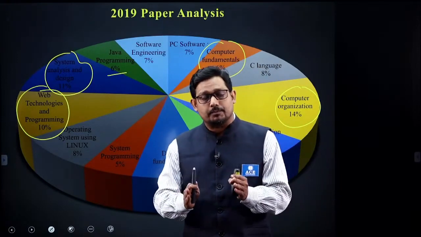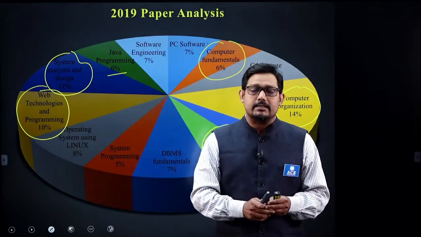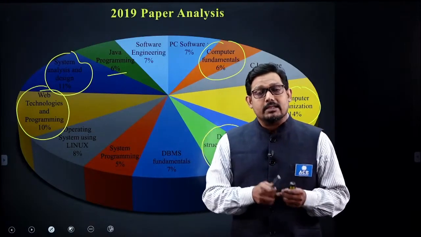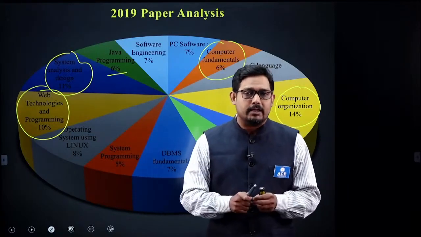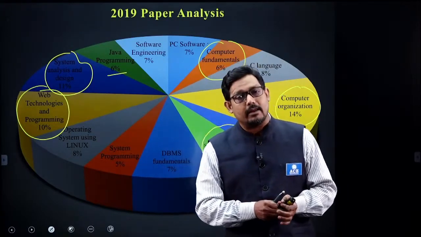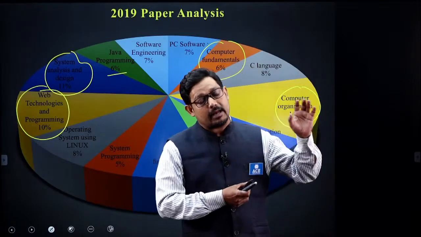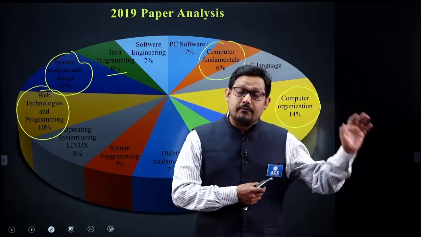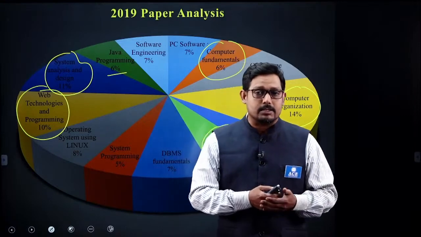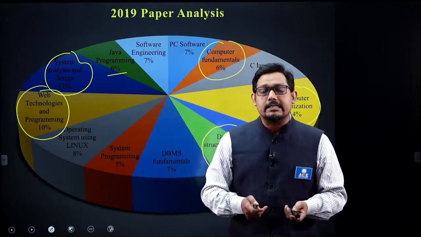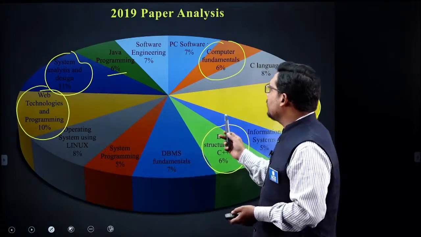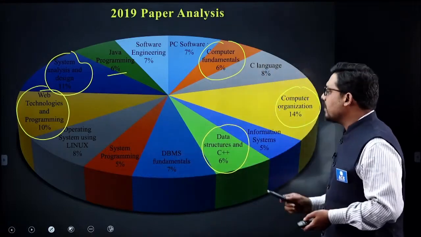The syllabus is huge, as we have seen in CBT1 and CBT2, and every possible thing you might have learned from the beginning of your academic career is covered. So coverage is more important here, and every topic will be touched. That is what this paper analysis says.